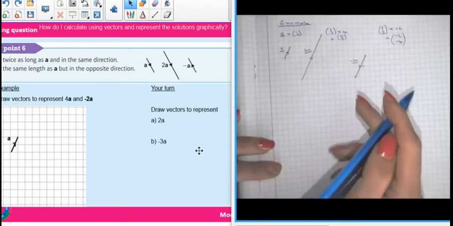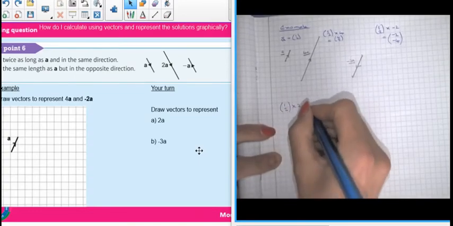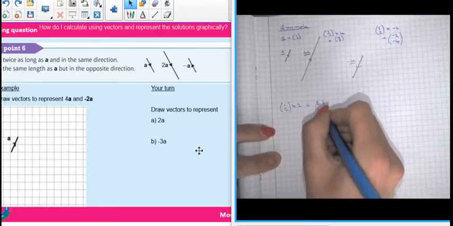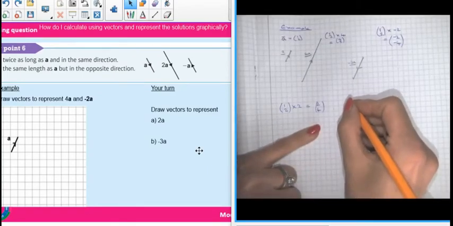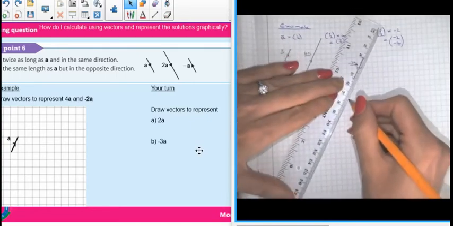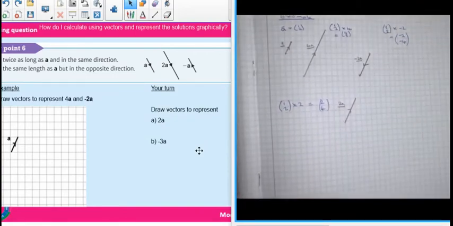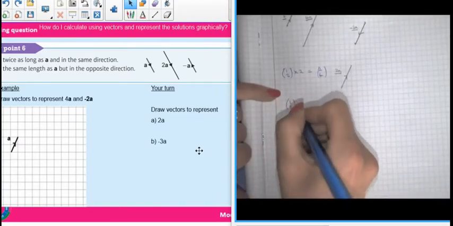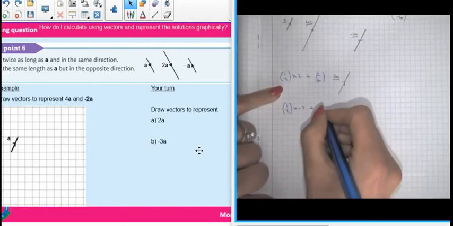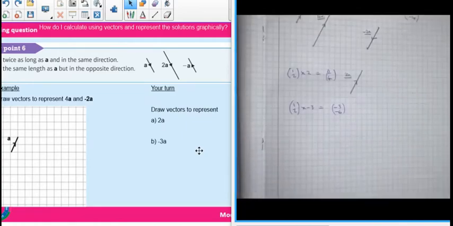Okay, so let's find out what 2A would look like. If we know that A is (1, 2), for 2A we just multiply that by 2, and we'll get the vector (2, 4), which will look like this. 1, 2, 1, 2, 3, 4. For negative 3A, I'll start with A, which is (1, 2), and I'm going to multiply by negative 3, which will give me 1 times negative 3 is negative 3, 2 times negative 3 is negative 6, so (-3, -6).